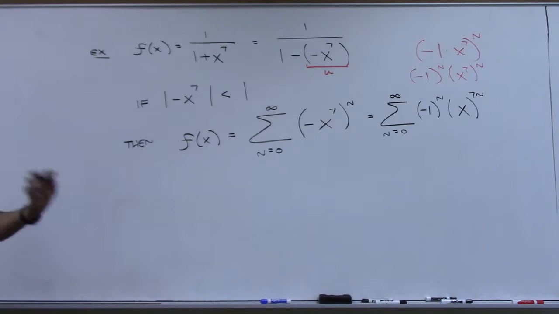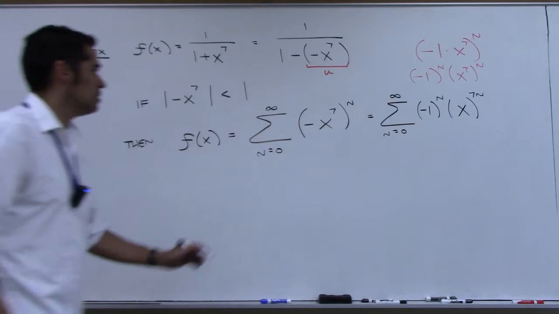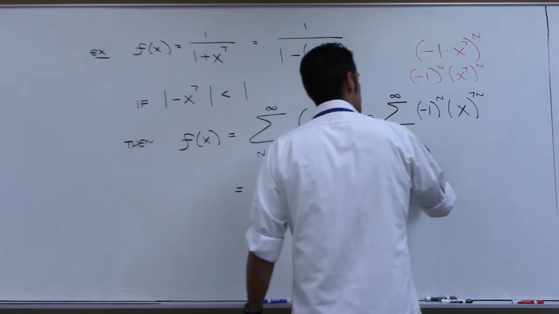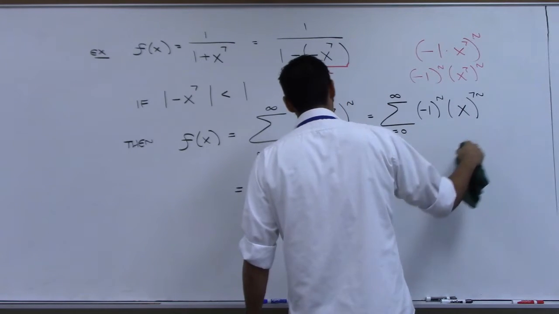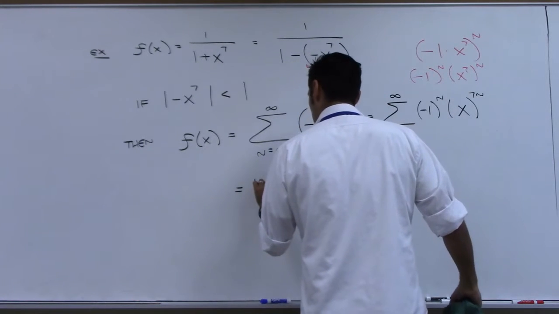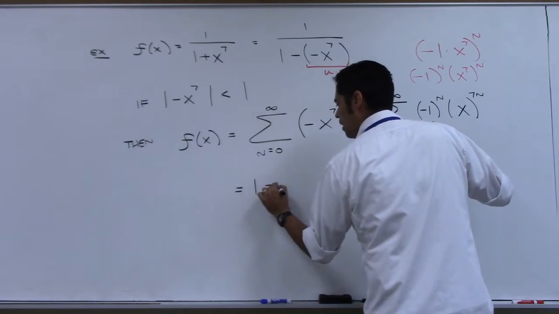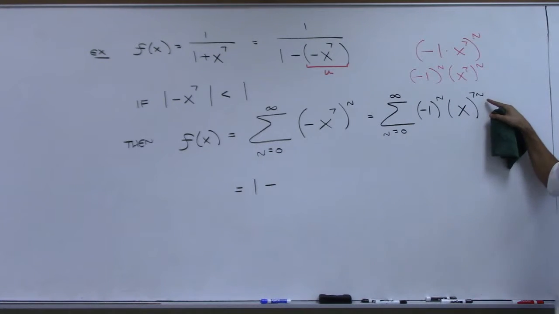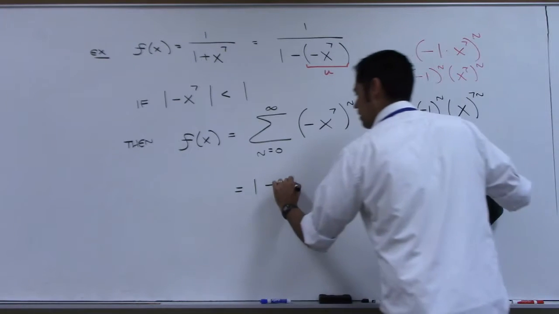And just to get used to this, let's write out the first few terms of this series. So that's equal to, let's see, let n be 0, what do you get? 1. It's going to alternate. If n is 1, it's negative x to the 7th.